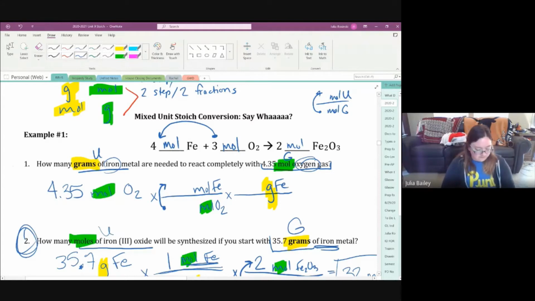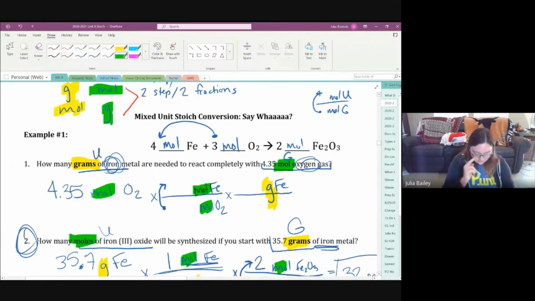Our unknown was moles of iron. I know it has to be moles here because the unknown was iron, and I cannot put grams on a fraction where the bridge is. That's not allowed. You're doing it wrong. So you got to do moles of iron because the bridge has to be moles. It is a mole bridge. It's not a freaking gram bridge. So you got to put moles there.